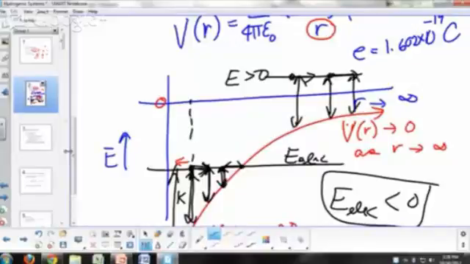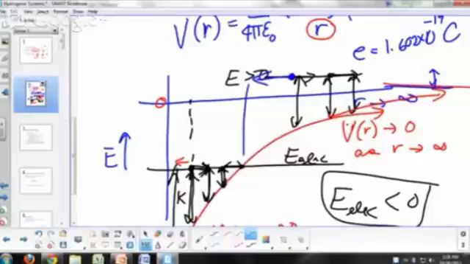Eventually, this red curve is going to approach zero, right? You're still going to have some residual kinetic energy left. So the electron is just going to keep moving away from the nucleus until the nucleus is so far away that it hardly affects the electron, at which point the electron will start moving pretty much at constant speed, never to return.